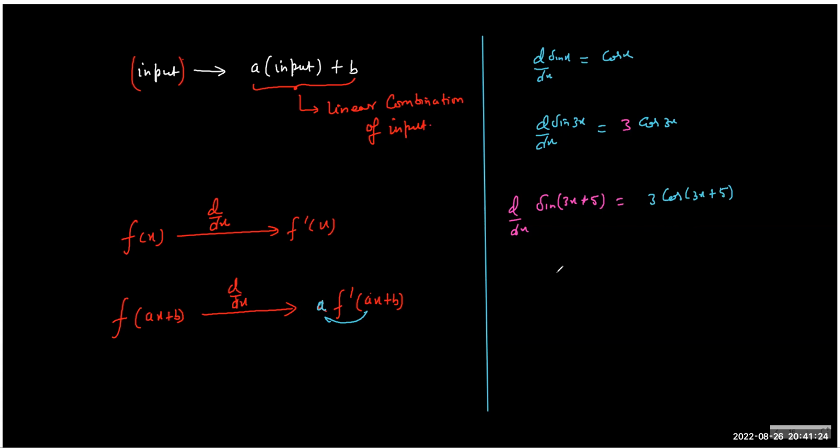So that's how we remember the answer. And the benefit of this is, let's say if I ask you d by dx of x power n, what is the answer? nx to the power n minus 1. So if I ask you d by dx of 3x plus 5 power 2022, what will be the answer?